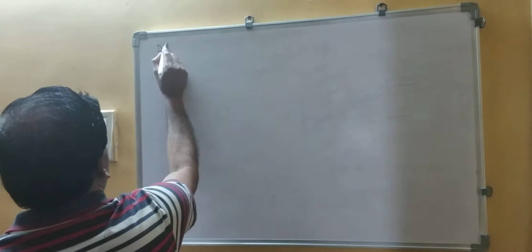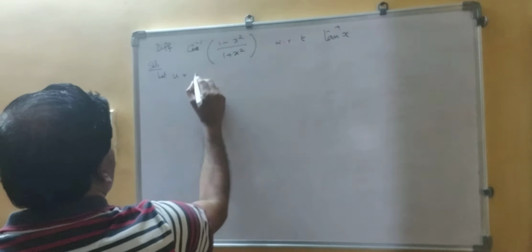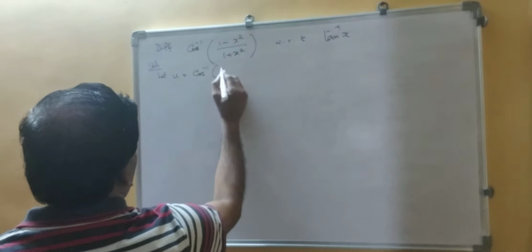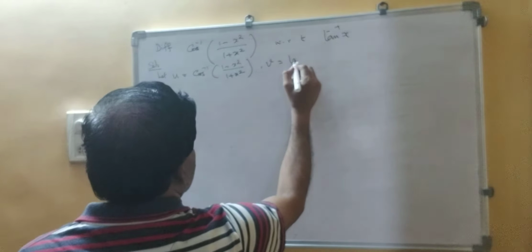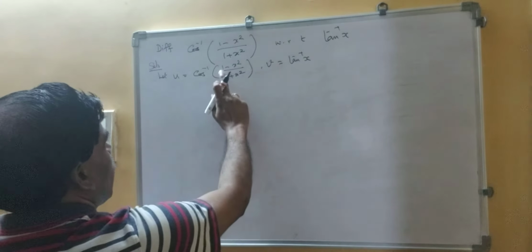So I got two functions again. So here also we will write let u equal to cos inverse of 1 minus x square upon 1 plus x square and v equal to tan inverse x.